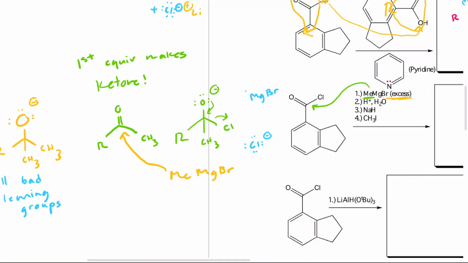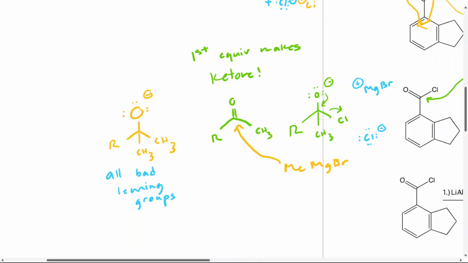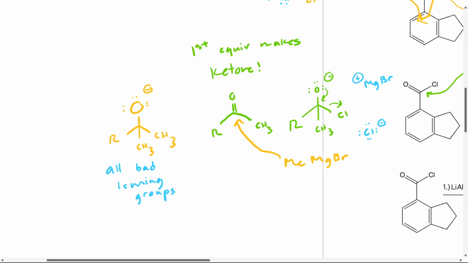But we should recognize that MgBr has positive charge that can neutralize the chloride. And the reason chloride can have a negative charge is because it's a highly electronegative molecule. If we were to kick out any of these alkyl groups, carbon would have a negative charge, and carbon isn't really electronegative, so this is just not going to happen.